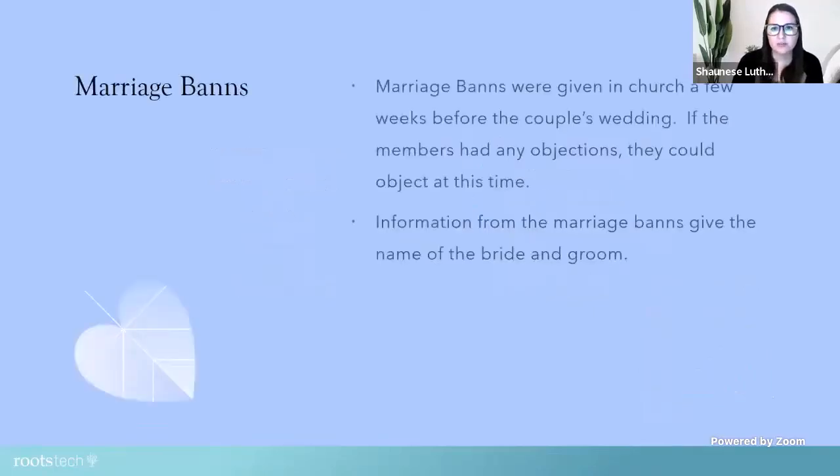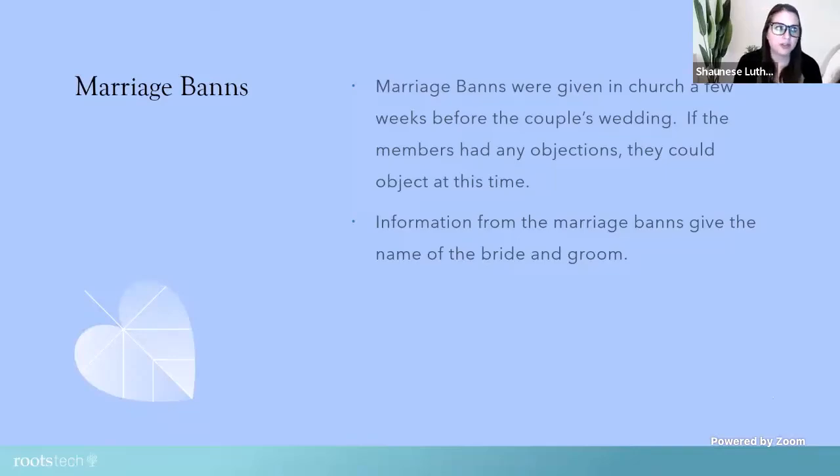Marriage banns were given a few weeks before the marriage happened in the couple's church. So at this point, they'll say, do you agree with Jane Doe and John Smith getting married? If any objections, please object. And that will go on for 3 weeks. That will give you the name of the bride and the groom.